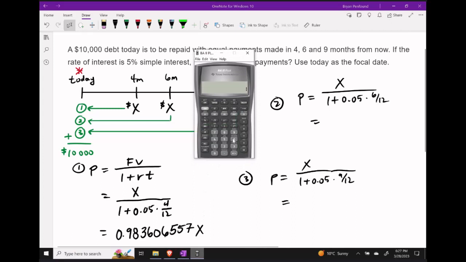And we can go through the same calculation on our calculator. 1 plus 0.05, in this case times 6 divided by 12, and then hitting the 1 over X button. And similarly for number 3, let's take 1 plus 0.05, multiplying by 9 and dividing by 12, and then hitting the 1 over X button.